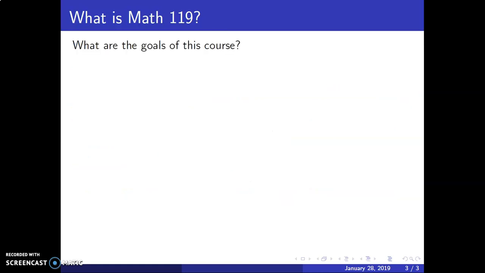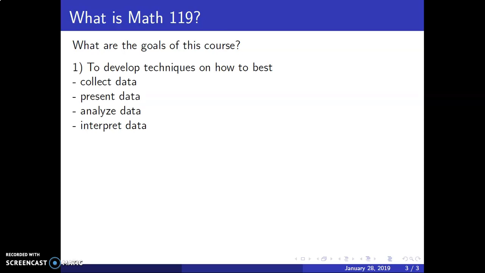Okay, I just want to wrap up with this slide here. What are the goals of this course? Good way to wrap up. I thought of 2 things. Number 1, we're going to develop techniques on how to best collect data, on how to present our data. That's actually chapter 2, how to present data. How do we analyze data?